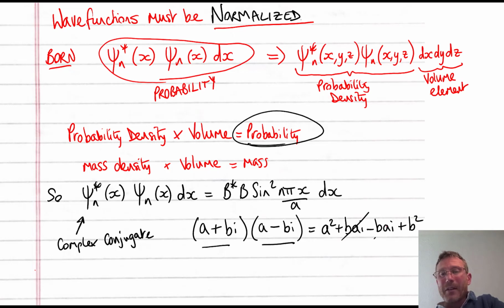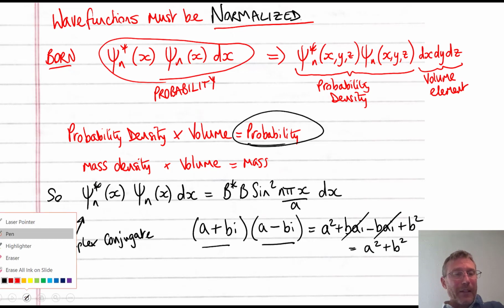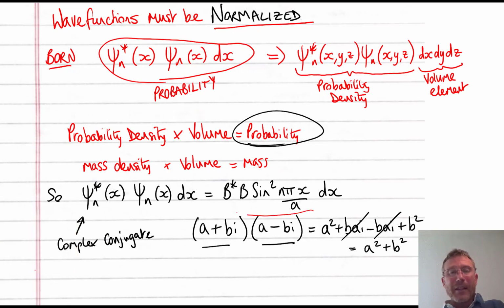So these terms in the middle cancel, and we end up with a real number, a squared plus b squared. And that's the key here. We need to end up with a real number because this is a probability, right? This in here must be a probability, and a probability must be a real number. So that's why we have to use complex conjugates. So probability is real.